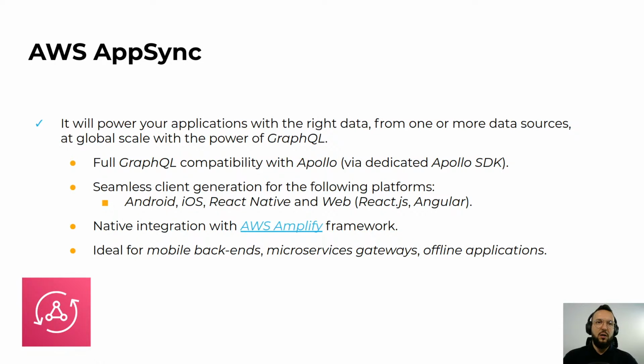It's basically a client-side framework that allows you to quickly write applications for AWS without a hassle. AppSync as a service is ideal for mobile backends, microservice gateways, and offline applications. And on the left side, you can see the logo of that service.